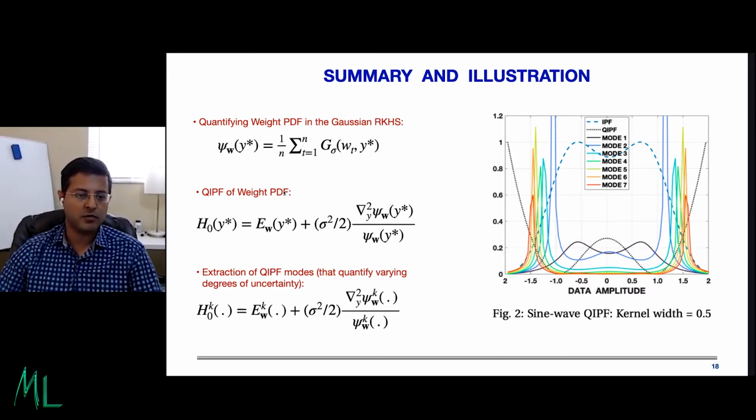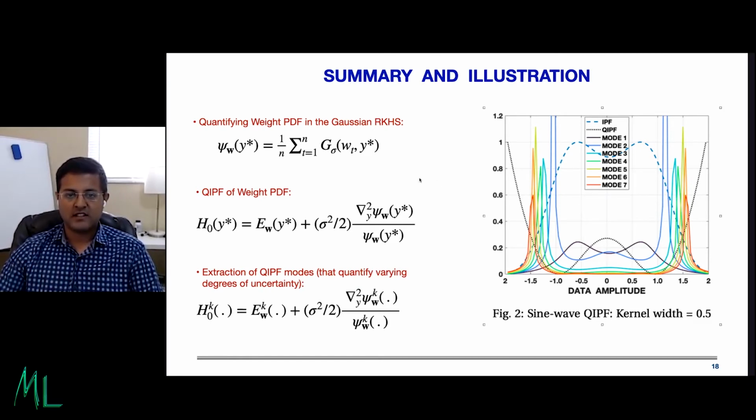We use the Laplacian operators to come up with the QIPF of the weight PDF that basically describes the local variability of the IPF around a model prediction. And using perturbation theory, we can actually further decompose this QIPF of weight PDF into various orthogonal moments. And these are basically the moments that quantify the uncertainty at any particular output of the model.